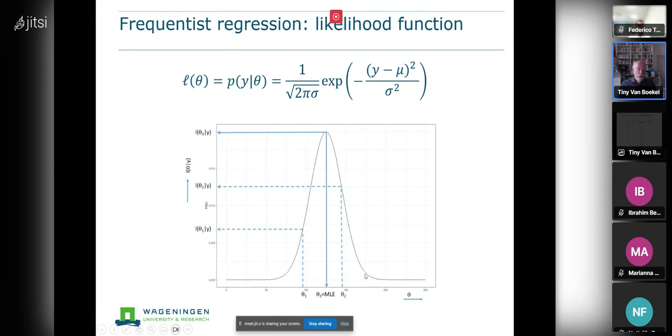And you are varying parameters and you look at the outcome of your function with the data that you have. The data are represented here by y. And you just vary the theta, the parameters, and you look at the outcome for the likelihood function, and the one that gives you the highest likelihood is called the maximum likelihood estimate. So that is basically what a maximum likelihood estimation does, looking for the most likely value for your parameters.